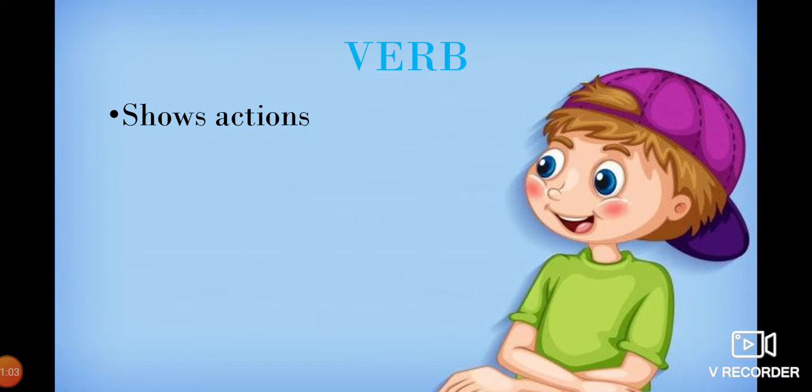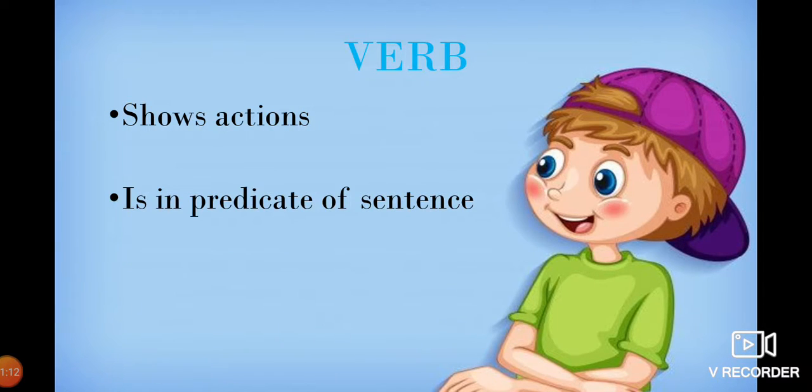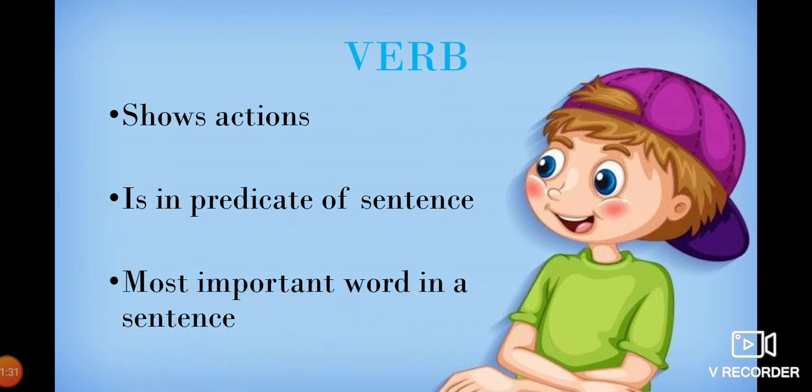That means verbs are actions that we show in a sentence or when we speak. The second aspect is that the verb is in the predicate of the sentence. We have two parts in a sentence: the subject, and then the predicate. And you know that the verb is part of the predicate. The third aspect is that it is the most important word in a sentence.